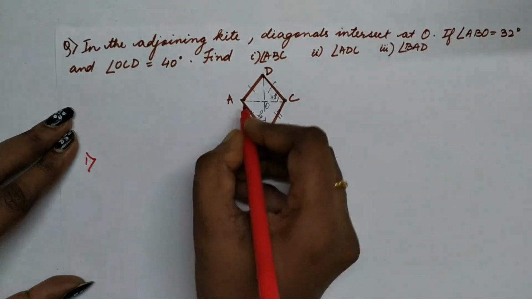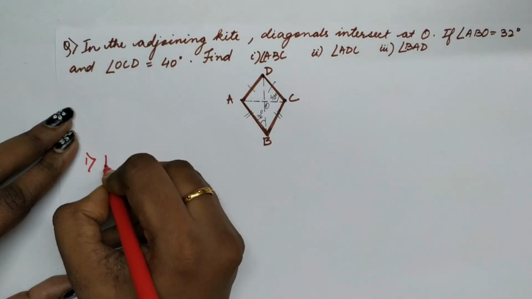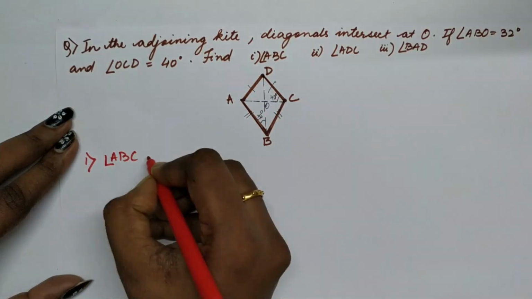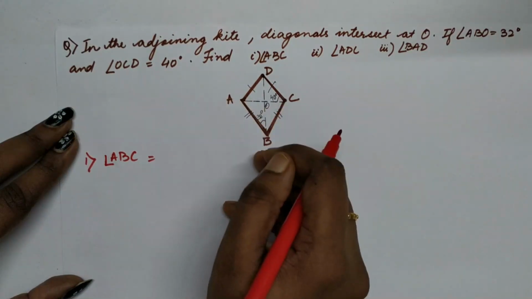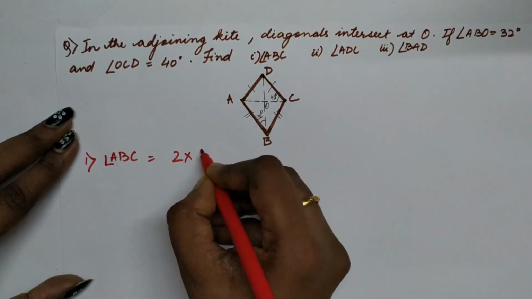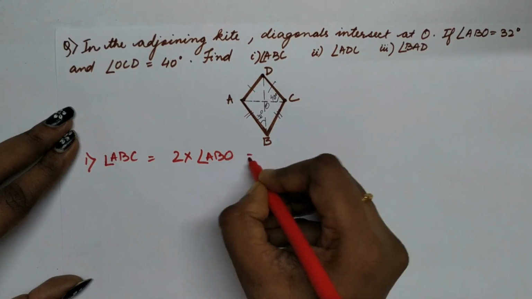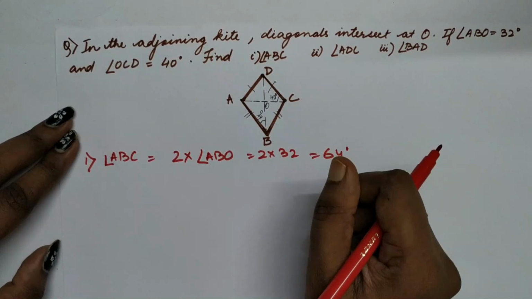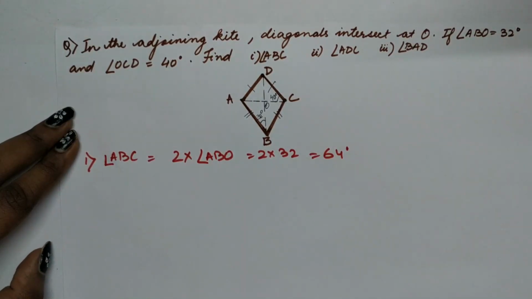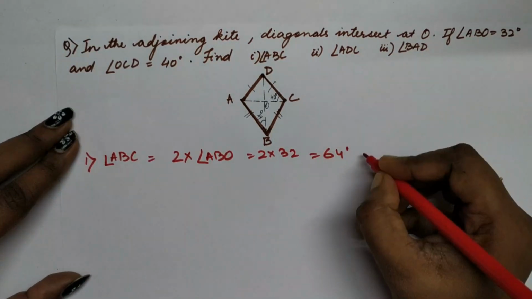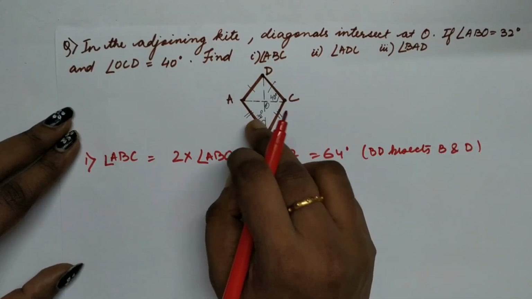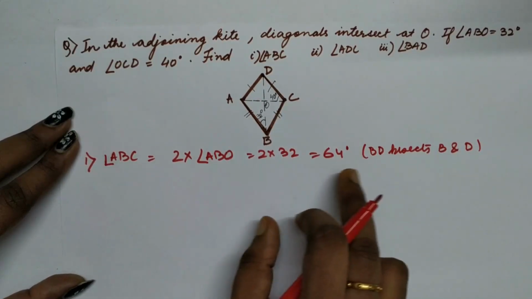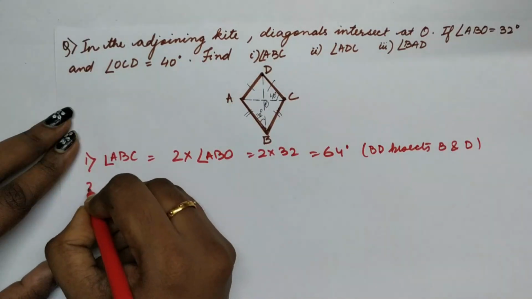So starting with ABC, it is double of ABO. 2 into angle ABO, that is 2 into 32 degrees, that is 64 degrees. This is because the diagonal BD is bisecting angle B. So the other side is also 32, and that forms 64.